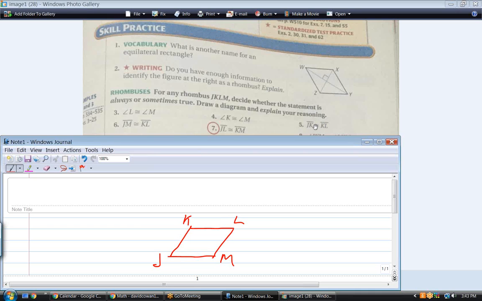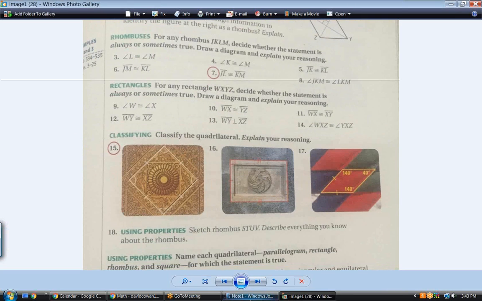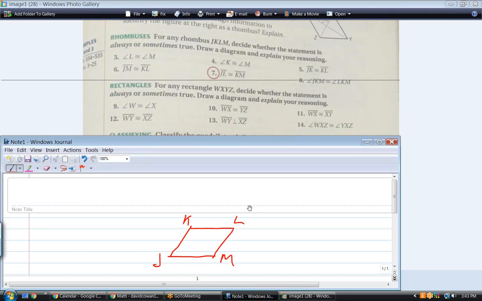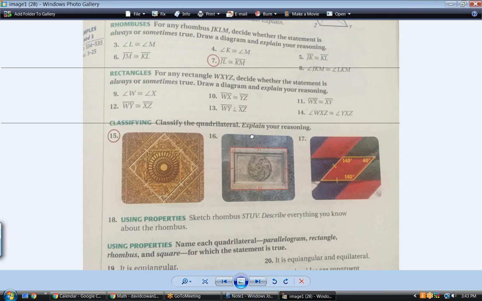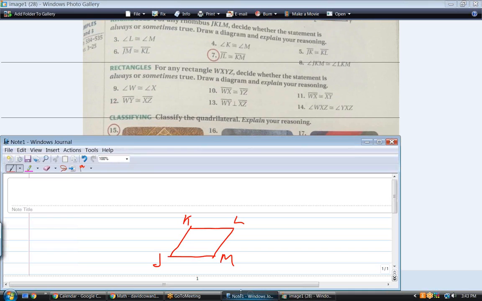Now, without even looking at the figure or figuring out which two line segments those are, that's true, because that's the definition of a rhombus. All line segments are equal. So the same for that.